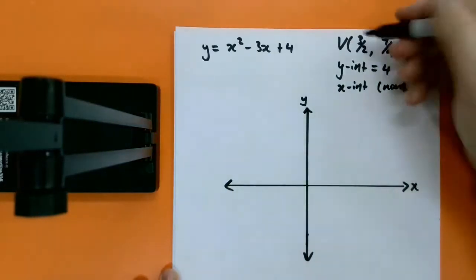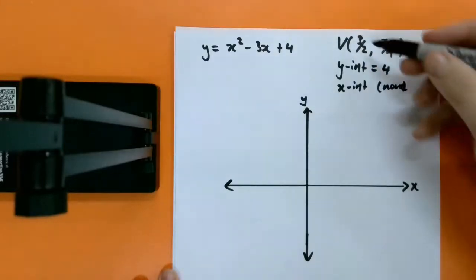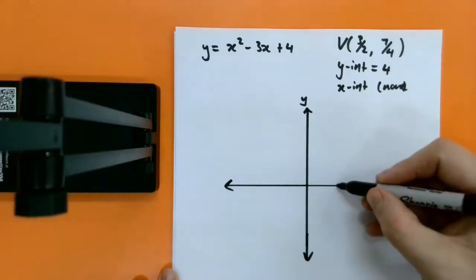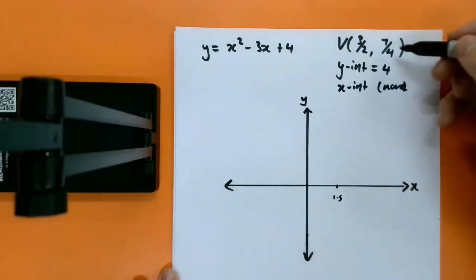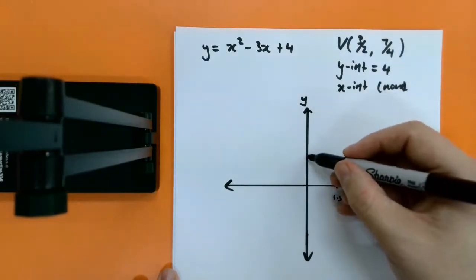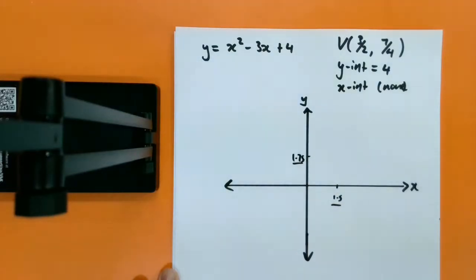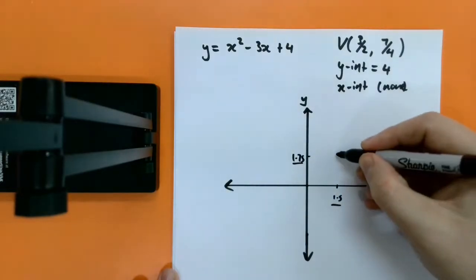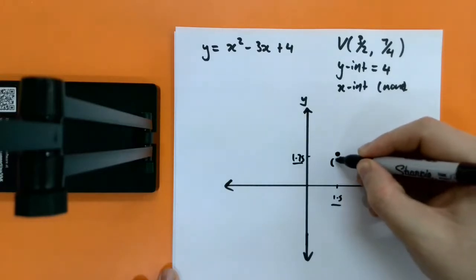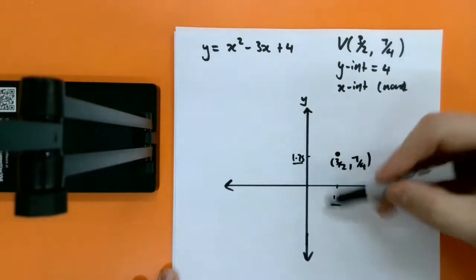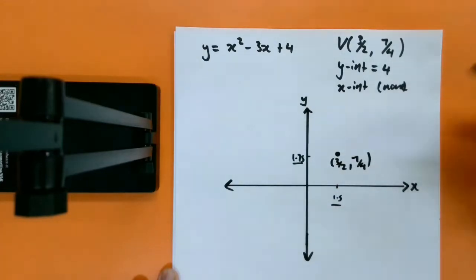Our vertex was 3 over 2, which is 1.5 as a decimal, on the x value, and then 7 over 4 is actually equal to 1.75. Just to give you a bit of a sense of scale. So the vertex is at 3 over 2 and 7 over 4. You're not always going to get nice decimals like that.